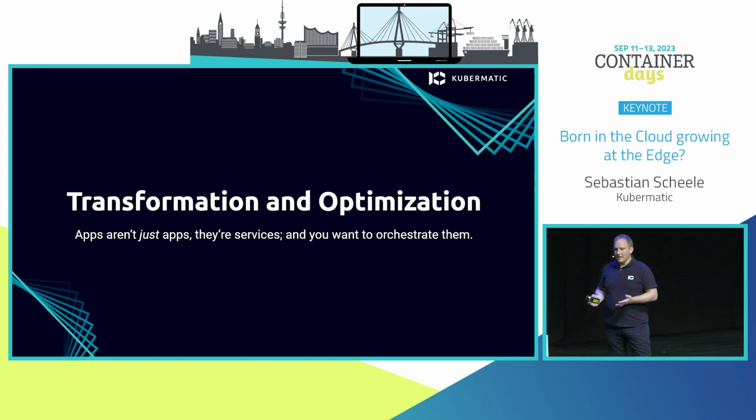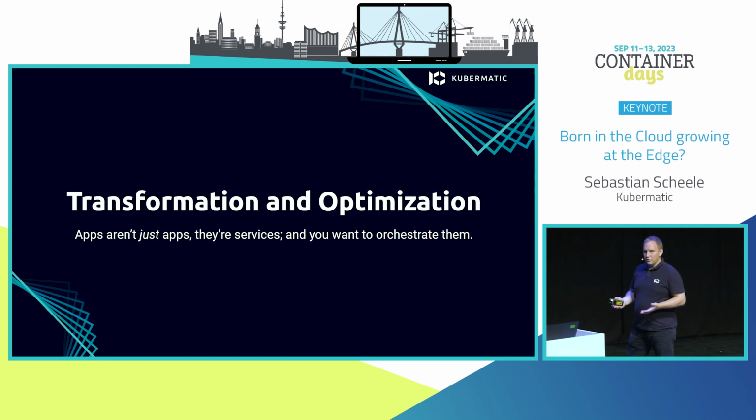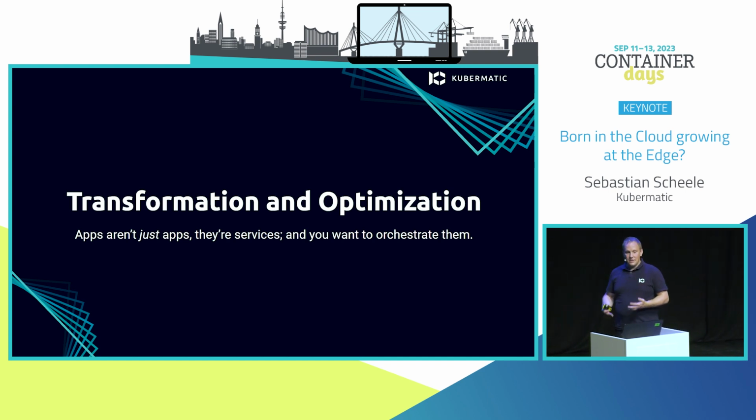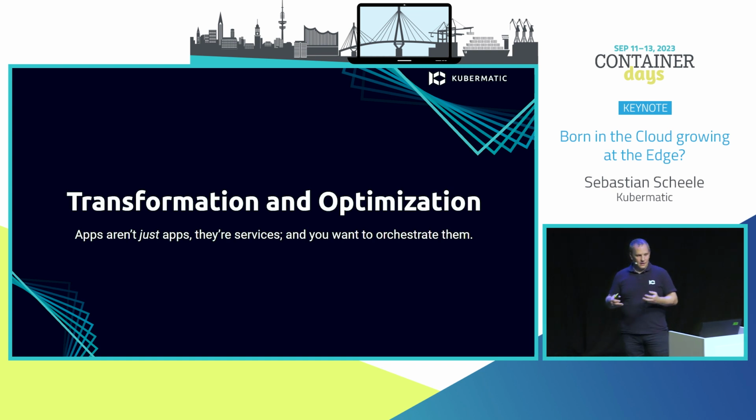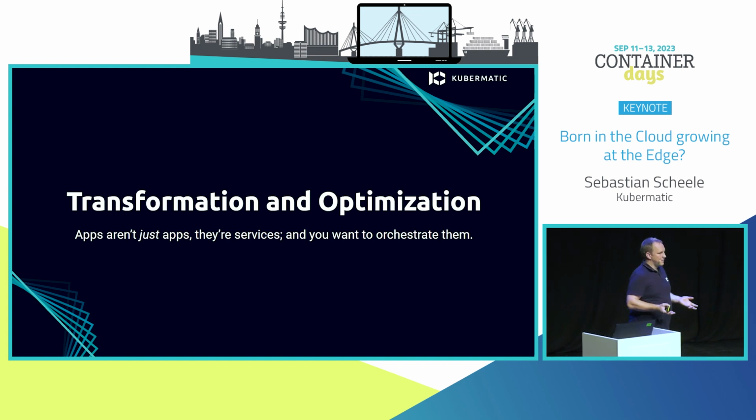So on the one side, what we need to do with the application is transform it from a monolith application into, in the best case, a microservice application, and also optimize this. But we also need to understand that apps are not just apps, they are services.